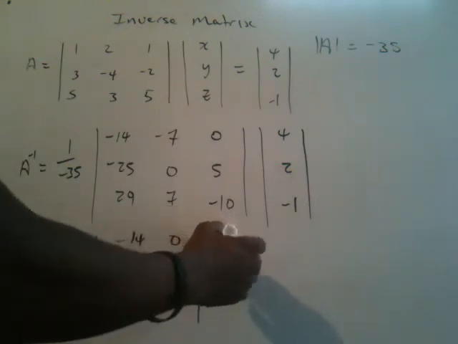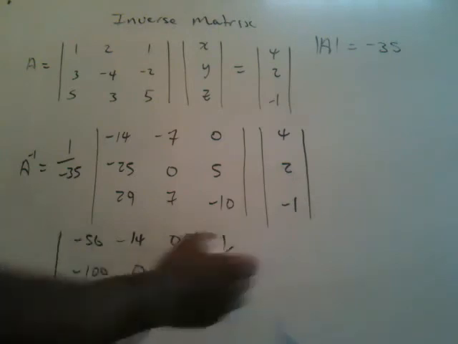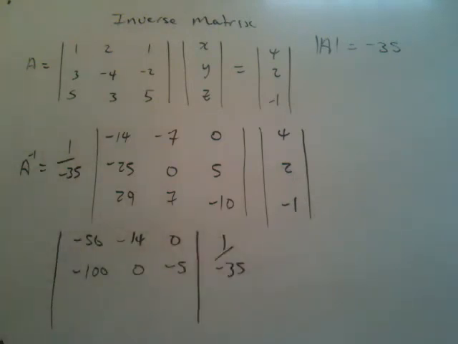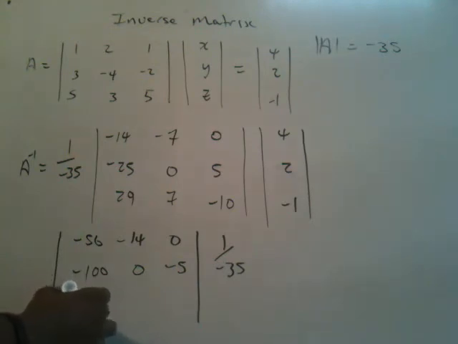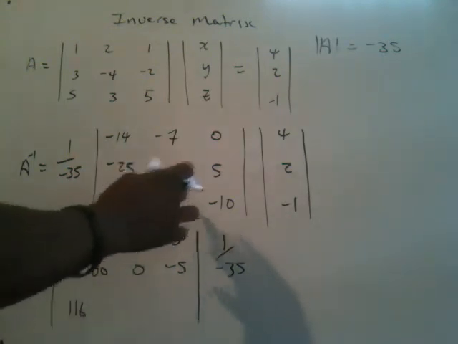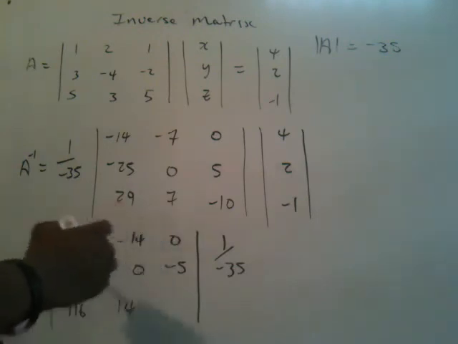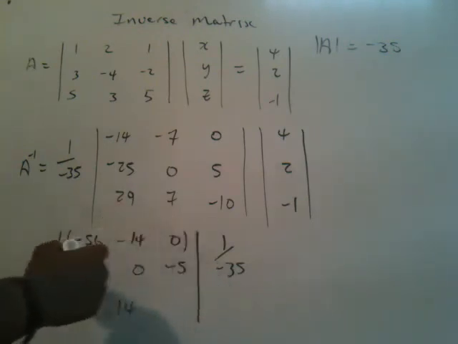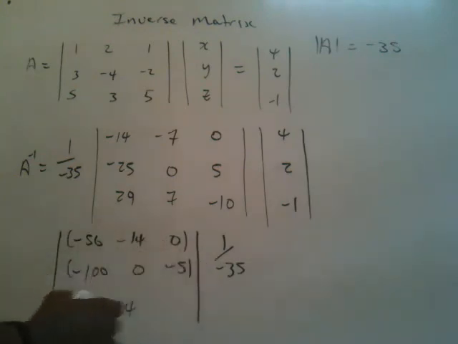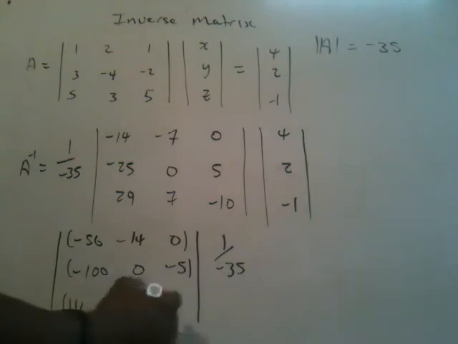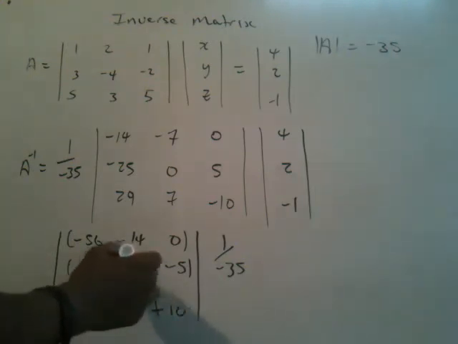Remember, this is going to multiply by 1 over the determinant to give the values of x, y, and z. Now 29 times 4 gives 116, and 2 times 7 leaves us with 14, and let us bracket these because we're supposed to add or subtract them, and we get a plus 10.